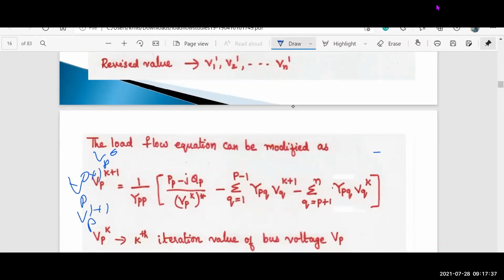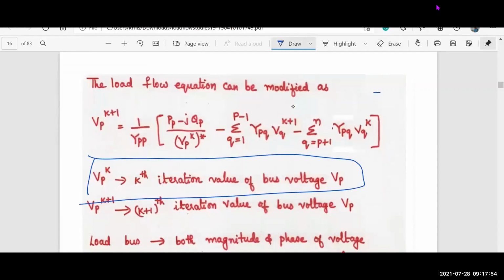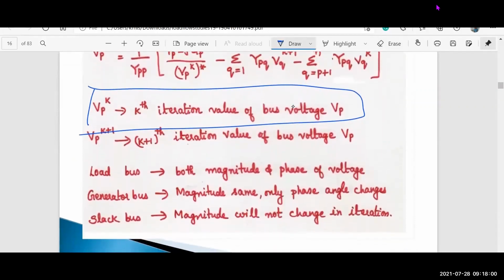The same way it will be repeated until we get the desired, converged value. So in this you could see VP k is the kth iteration value of the bus voltage VP, and VP k plus 1 is the k plus 1 th iteration value of bus voltages.